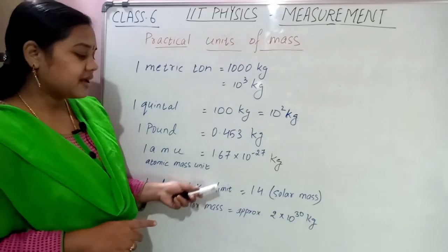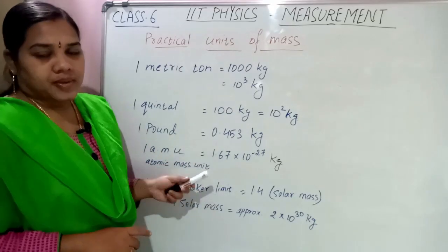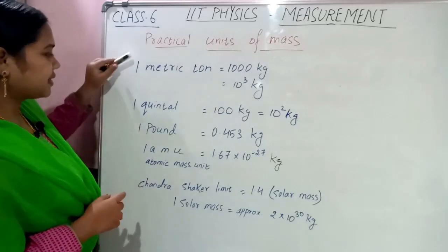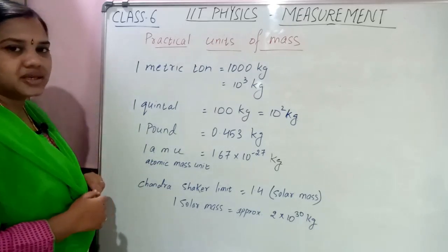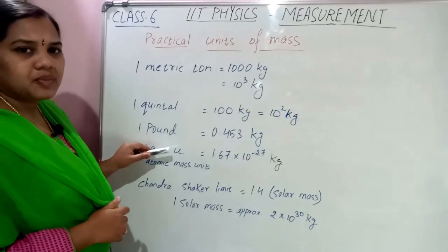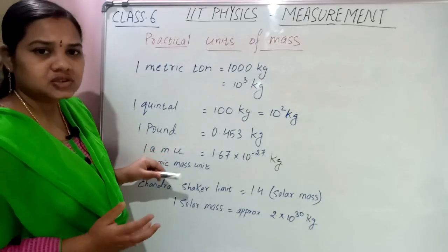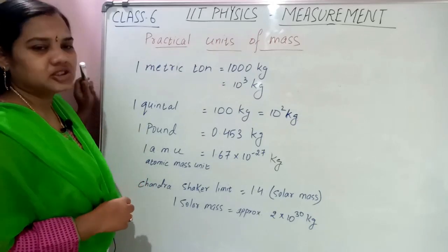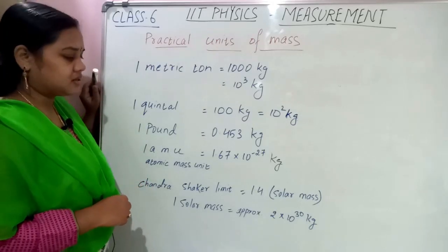These are the units for measuring very heavy bodies. These are the practical units we use in daily life, and AMU, atomic mass unit, is a smaller unit used for measuring mass of atoms. Clear? These are the practical units of mass. Please write this down.